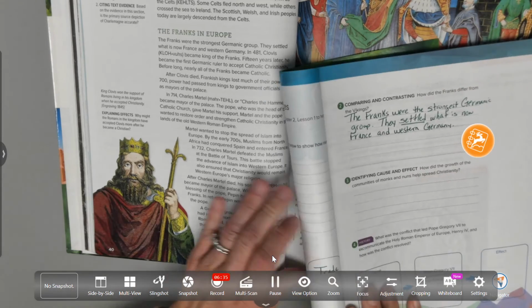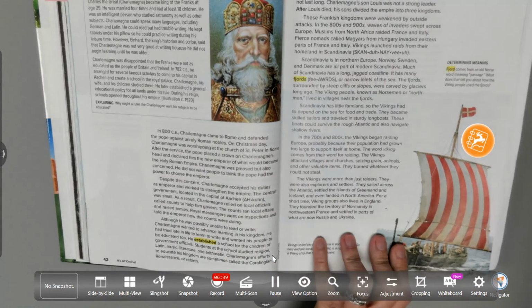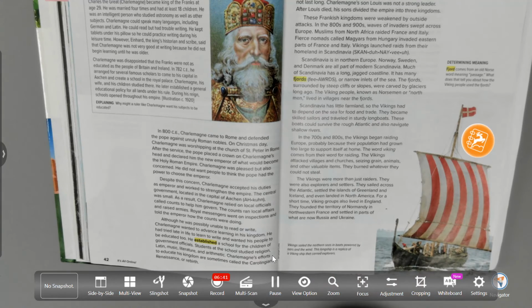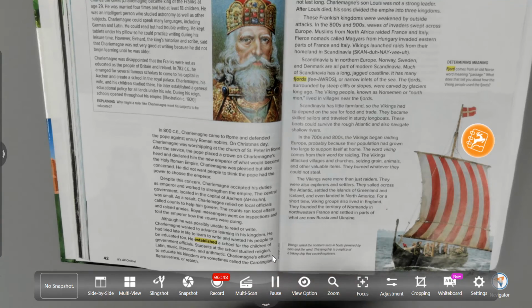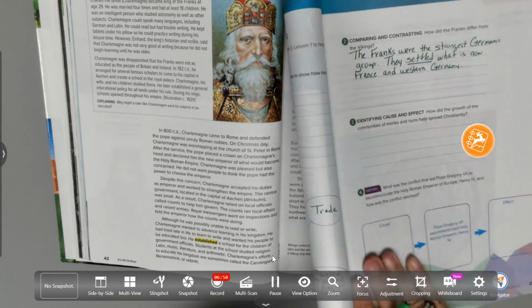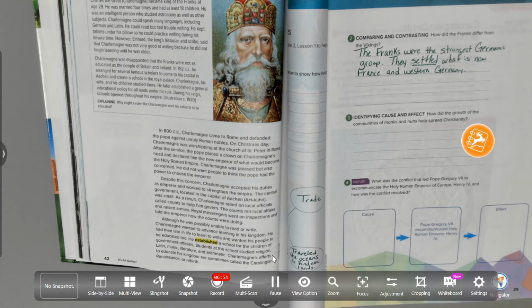Now to talk about the Vikings, like it said over here, it talked about how they would raid other people's belongings, and anything they could not take with them they would burn. But they were mainly, primarily raiders, but they also did create settlements as well.